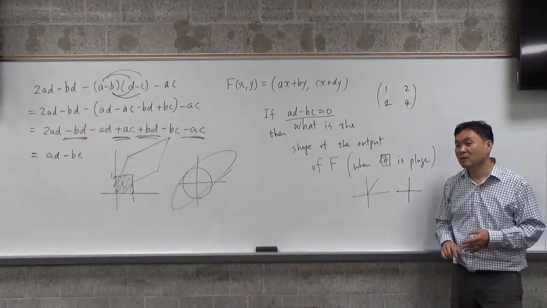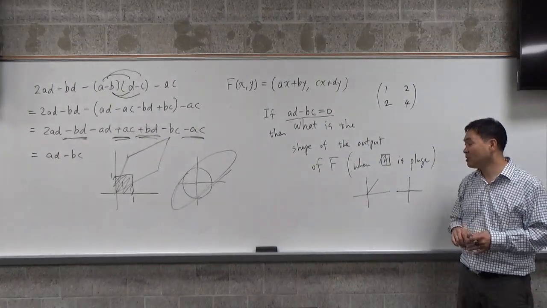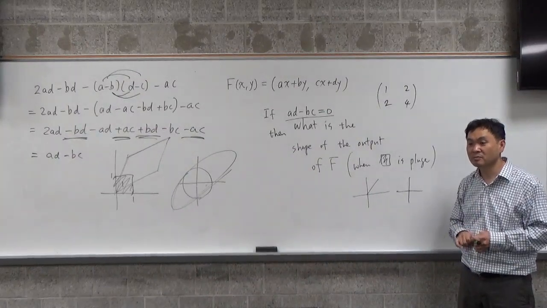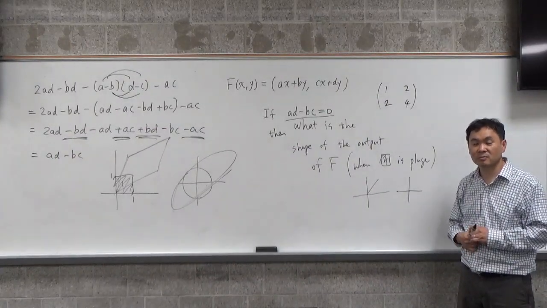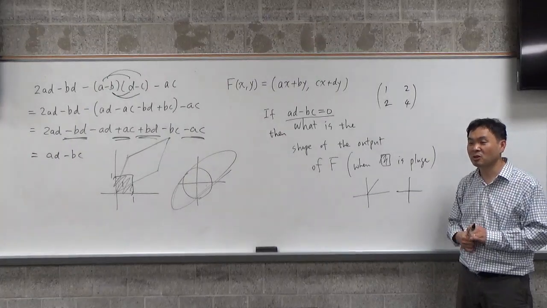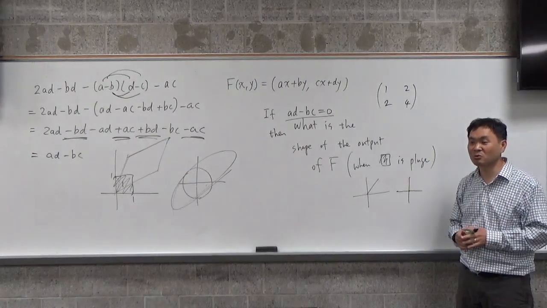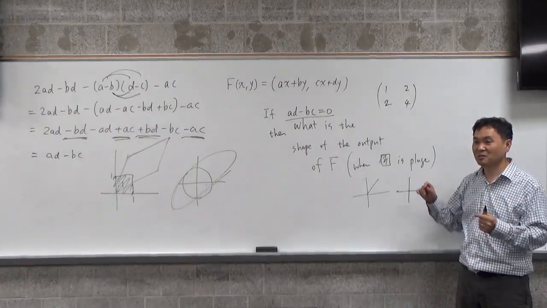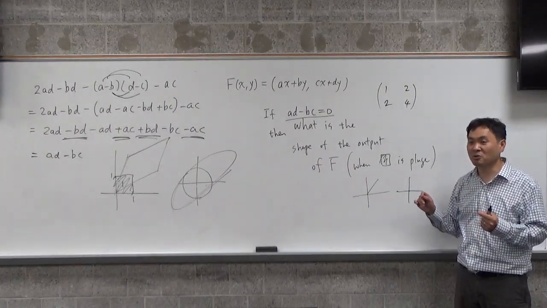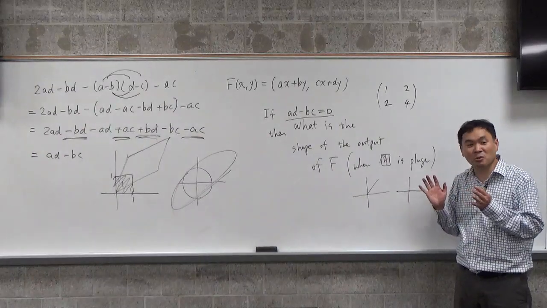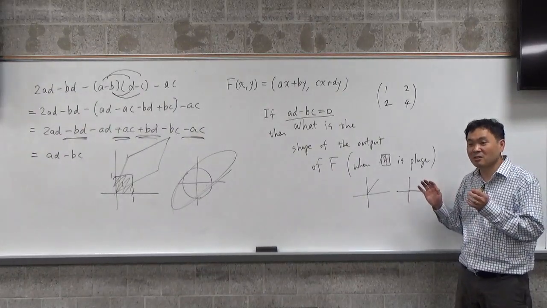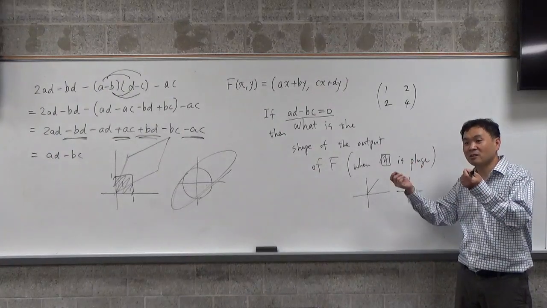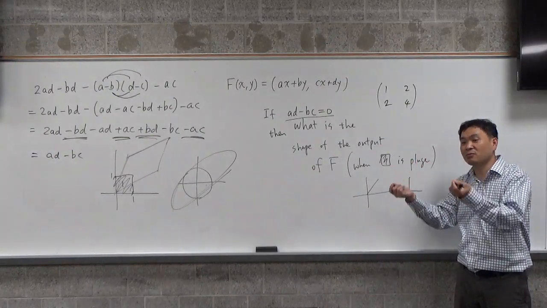Okay? Now that immediately says, can such a function be 1-to-1? Do you know what 1-to-1 is? What does it mean for a function to be 1-to-1? If you have different inputs, then the output must be different as well.